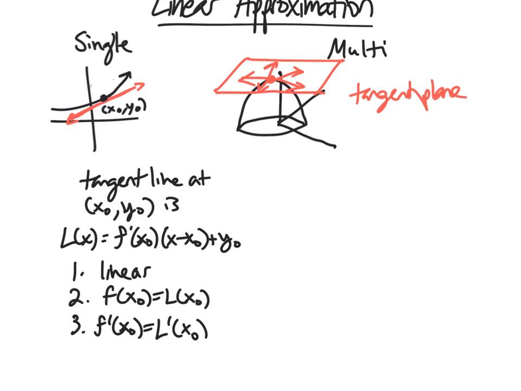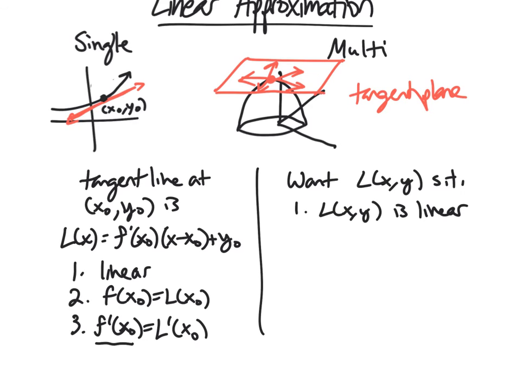So what defines the tangent line to be the linear approximation is these 3 things. 1, it's linear, so it puts the linear in linear approximation. And then it's actually equal at the point, right? And then the line also has the same slope as the slope at that point on your graph. So we want to find the same thing in 3 dimensions. So first, L of xy should be linear, right?